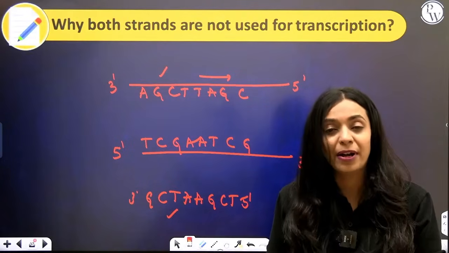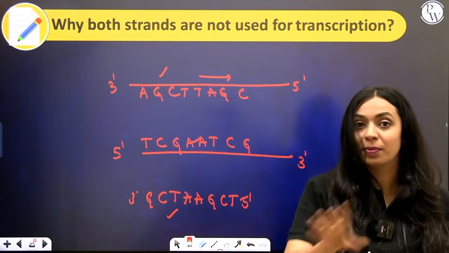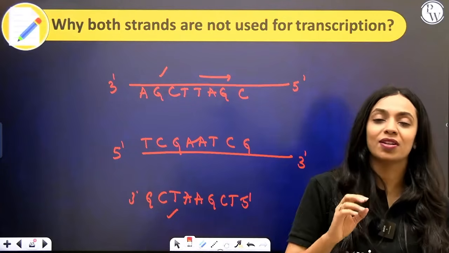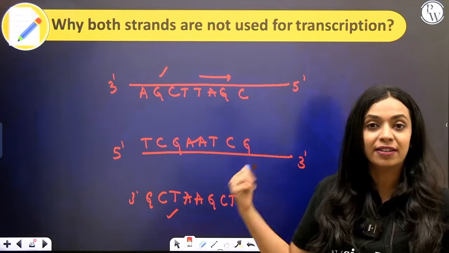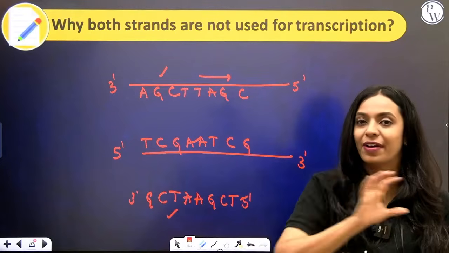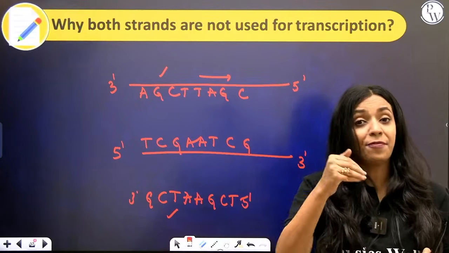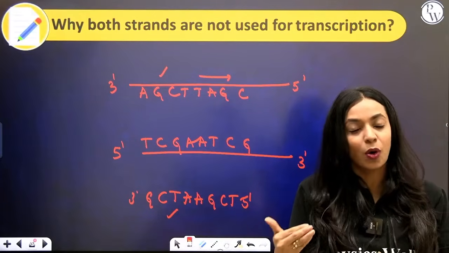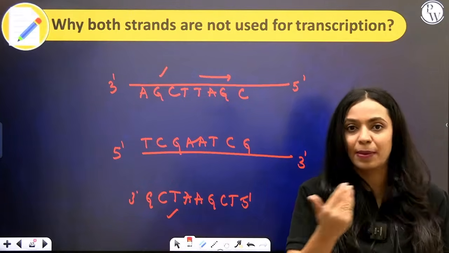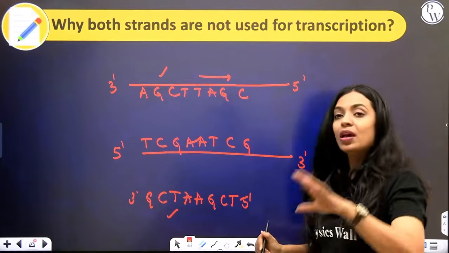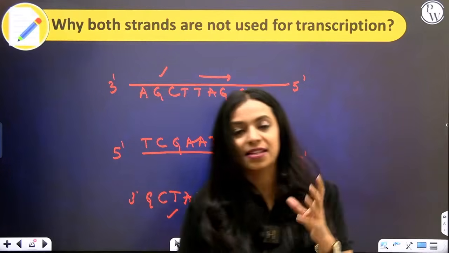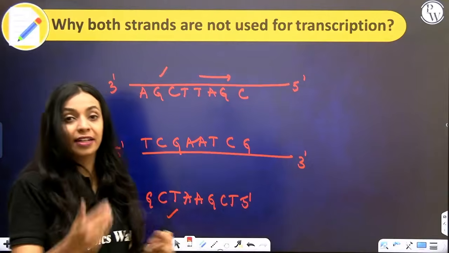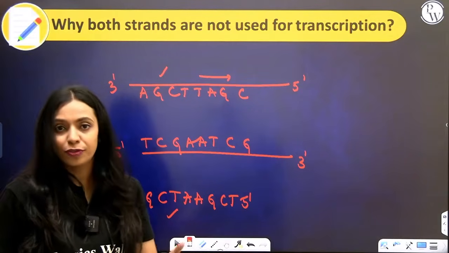Similar to DNA-dependent DNA polymerase, which could polymerize only in 5' to 3' direction, the enzyme involved in transcription also can work only in 5' to 3' direction. If it can polymerize only in 5' to 3' direction, the template should obviously have the opposite polarity, which is 3' to 5'. So, basically how proteins are synthesized is determined by the sequence of nucleotides.